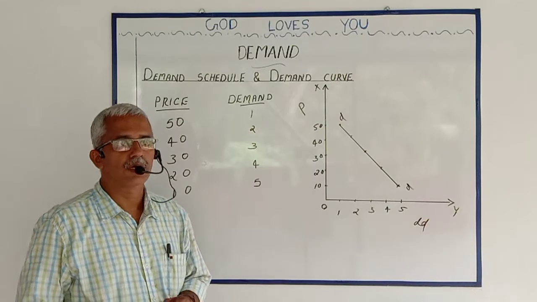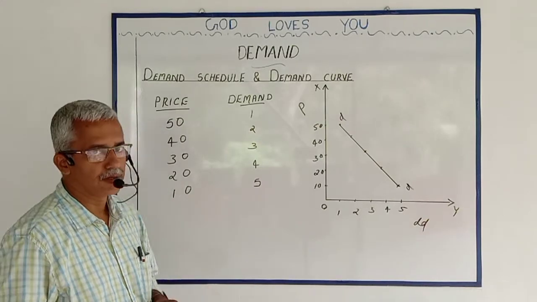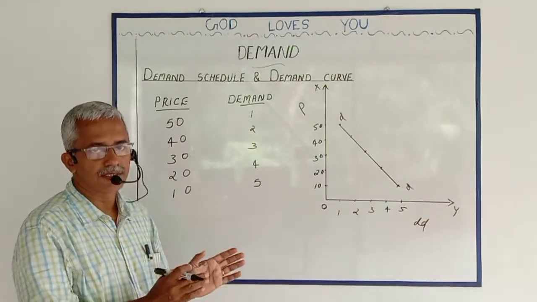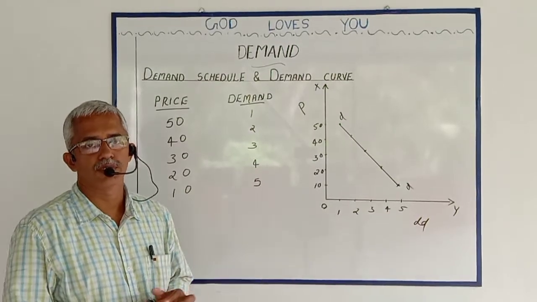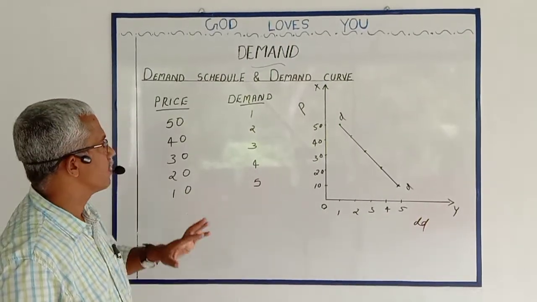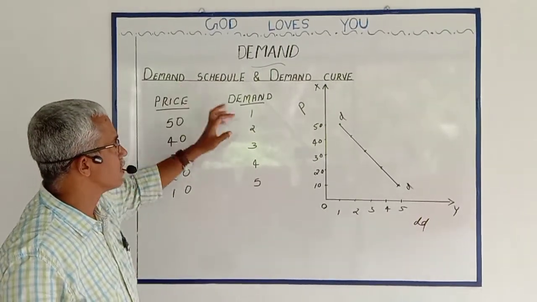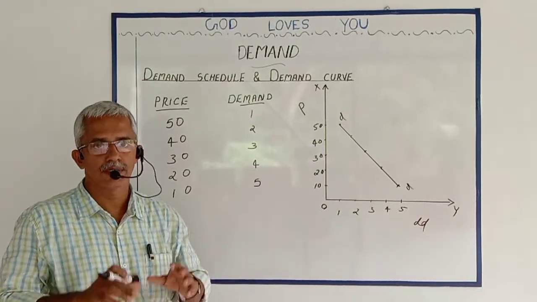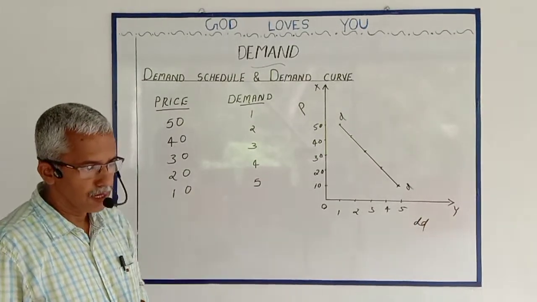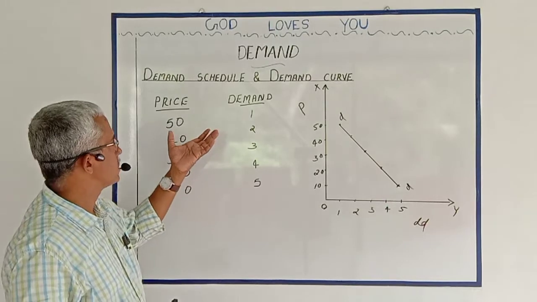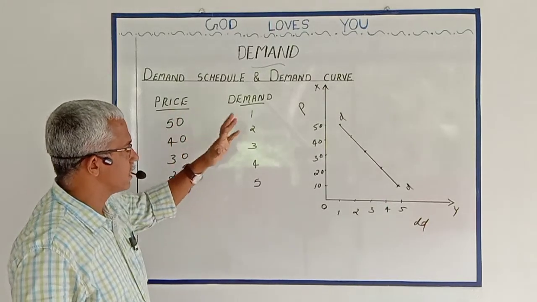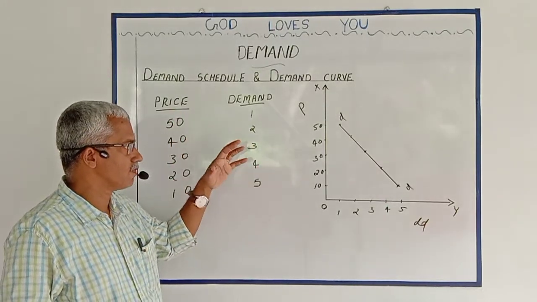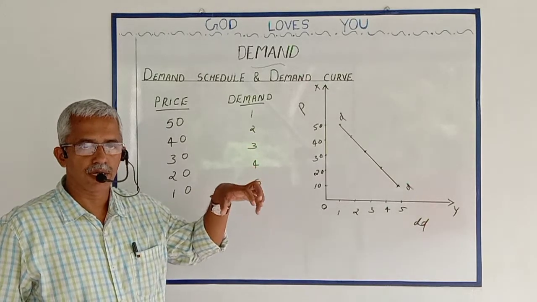Now, our concern is to explain these elements. We have to explain some basic concepts, that is, the demand schedule and the demand curve. Very simple analysis. I have already explained this, because when we do it during the class, it will take much more time.